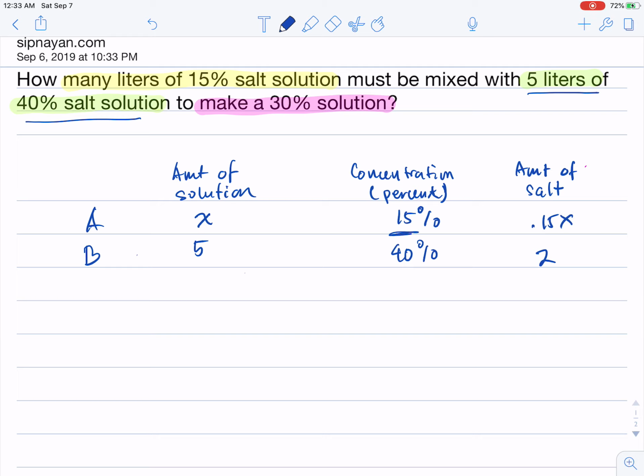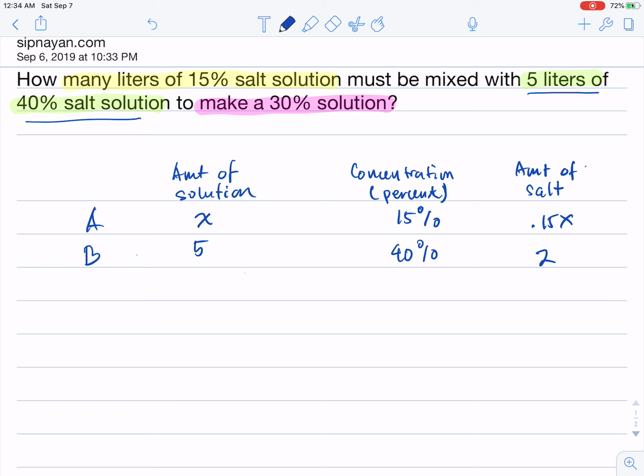Ang ginawa nating decimal number yung 15, tapos minultiply natin siya dun sa x para makuha natin yung amount of pure salt. Again, pag nag-multiply tayo ng percent sa isang number, ginagawa nating decimal yung percent. Kaya siya naging 0.4, kaya siya naging 0.15.